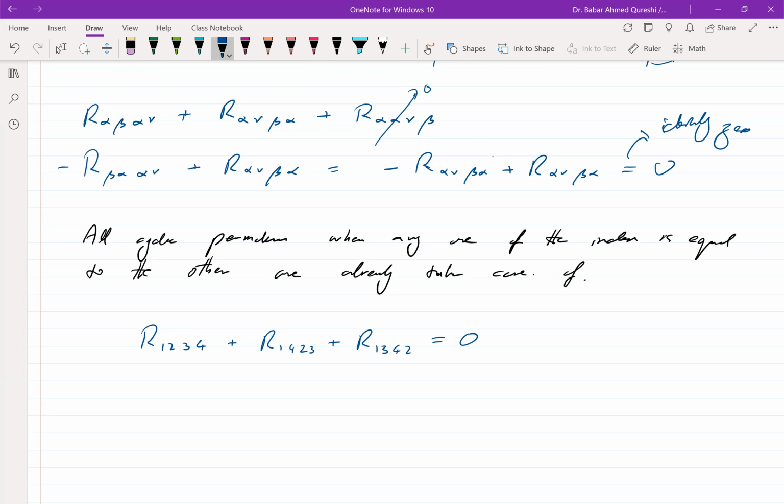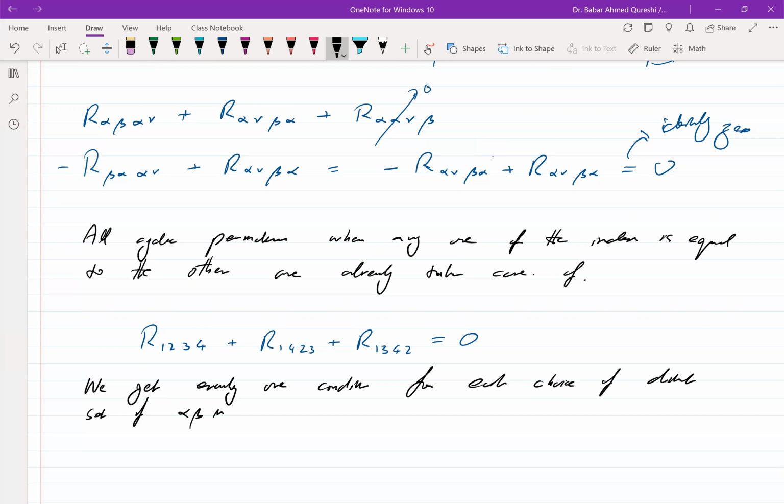And we get exactly one condition for each choice of distinct set of alpha, beta, mu, nu.